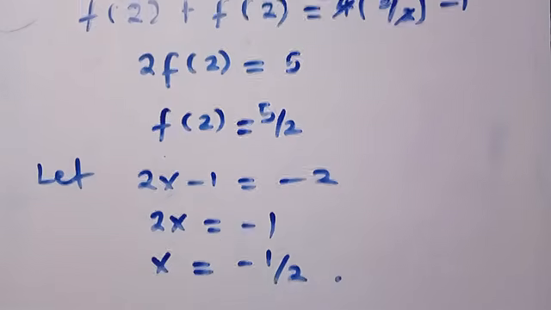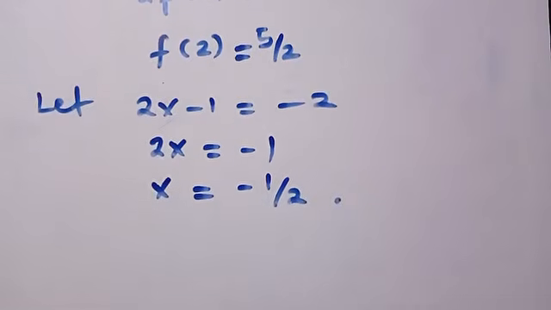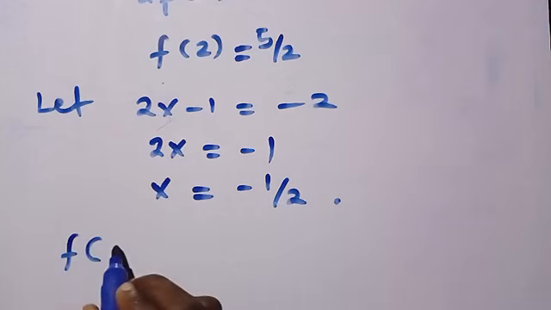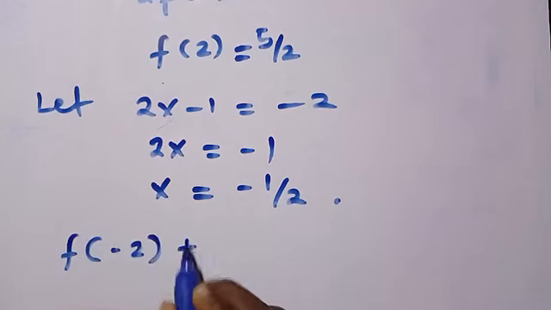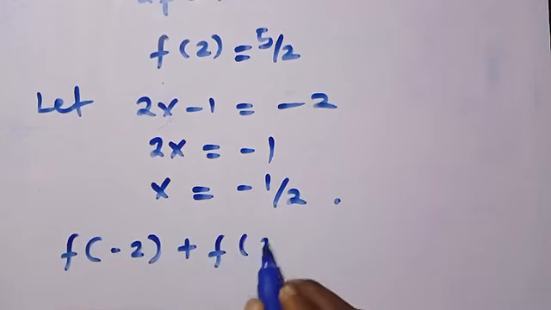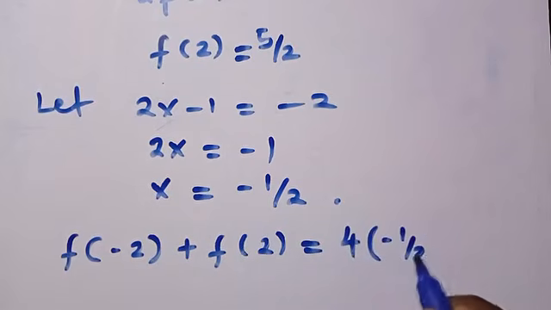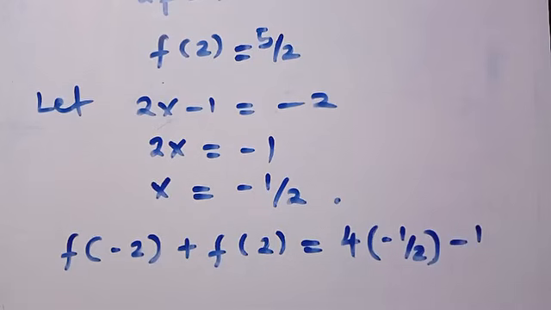This is what we have here. Let's replace for the second time. We have this as f of minus 2 plus f of 2 equals 4 into bracket of x, which is now minus 1 over 2, minus 1.